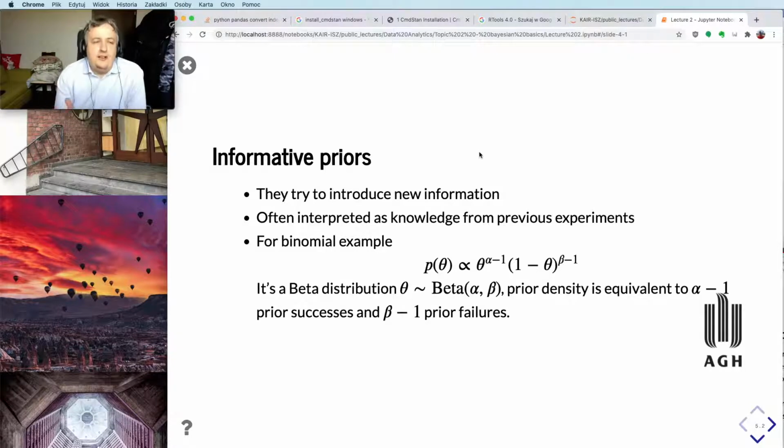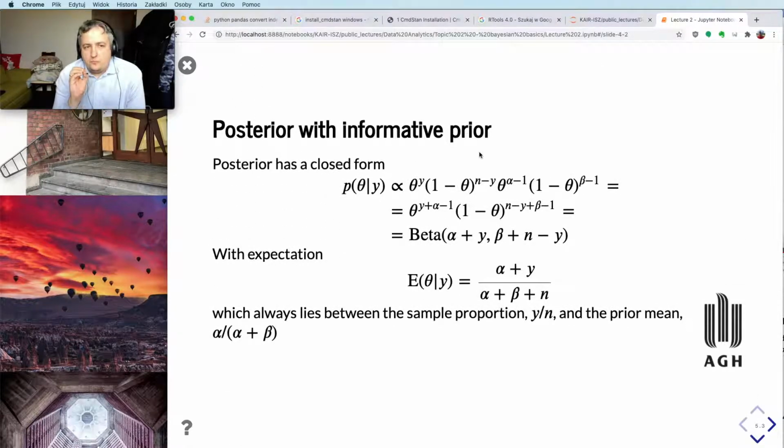This is a very nice situation, which we will highlight in a moment, called conjugacy. In the case of a posterior with an informative prior, it even has a closed form, because both likelihood and prior have a form that after multiplication behaves like a beta distribution.